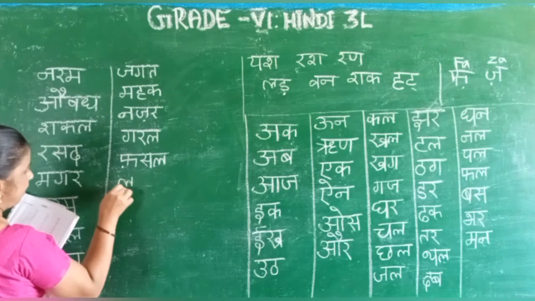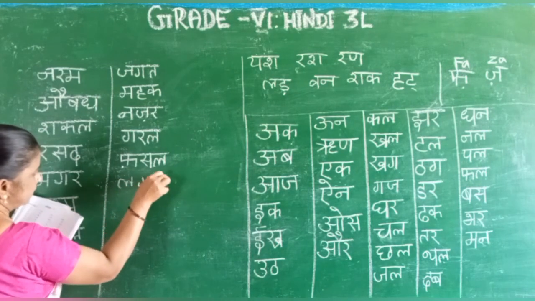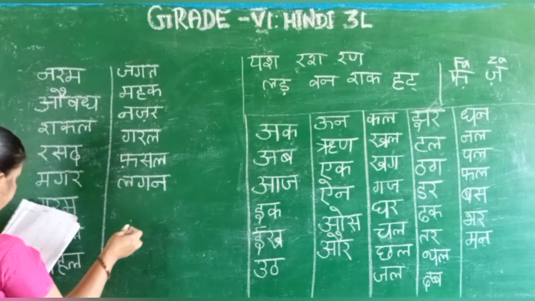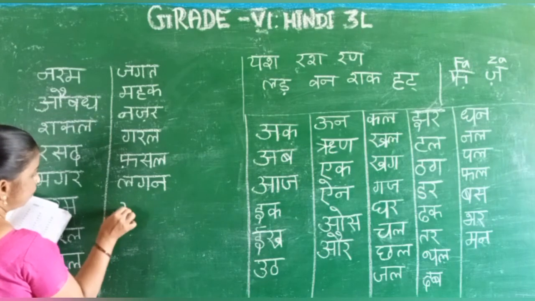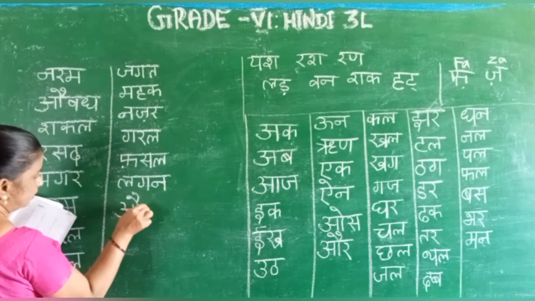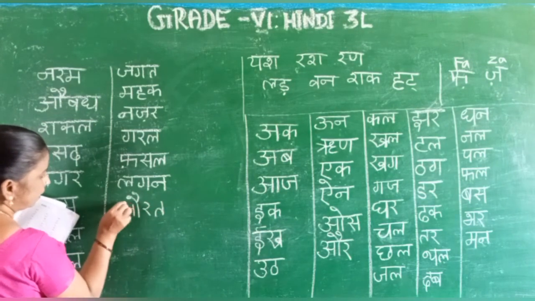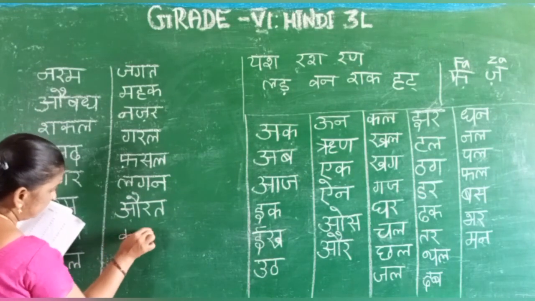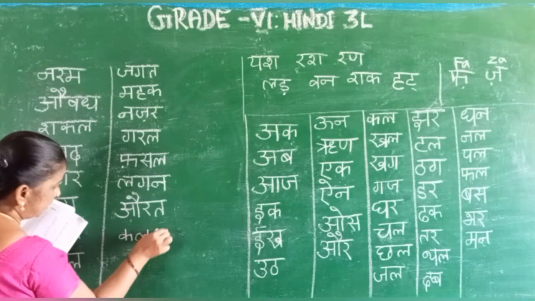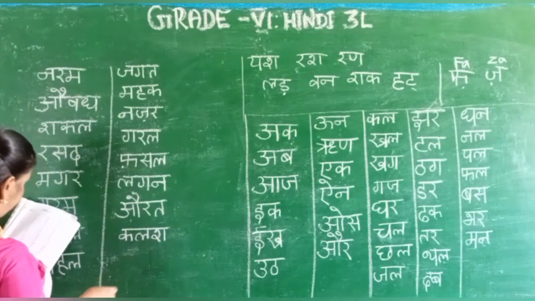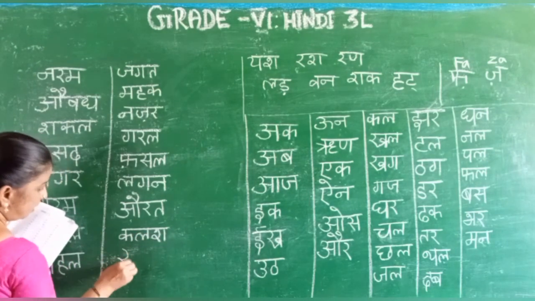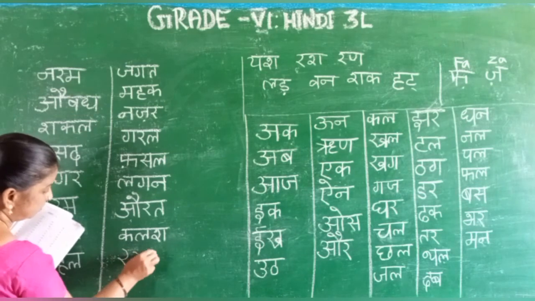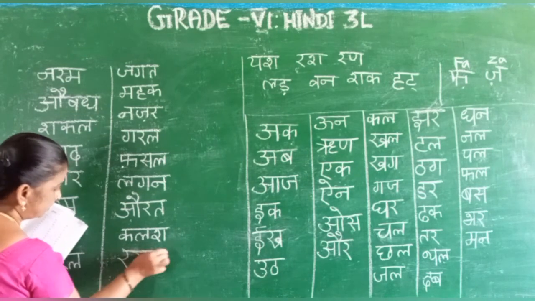La, ga, na, lagan. Au, ra, ta, aurat. Ka, la, sha, kalash. Ra, sa, ma, rasam.